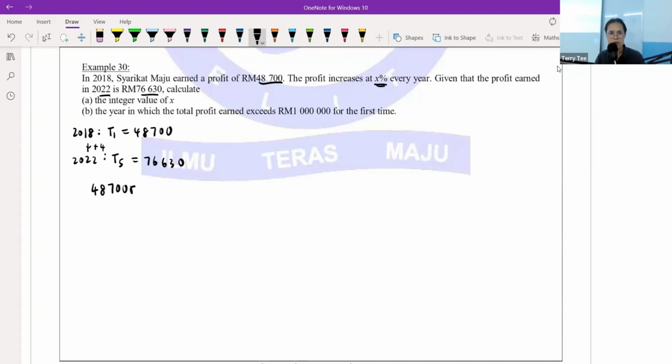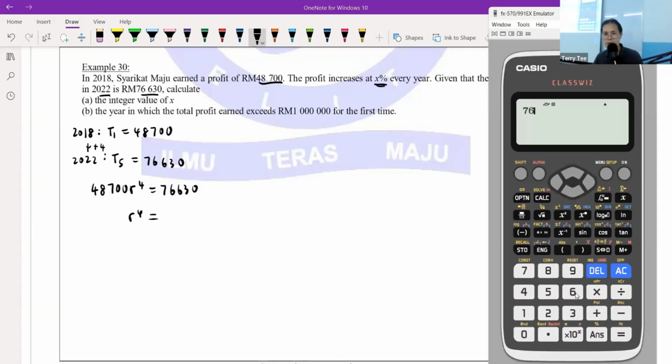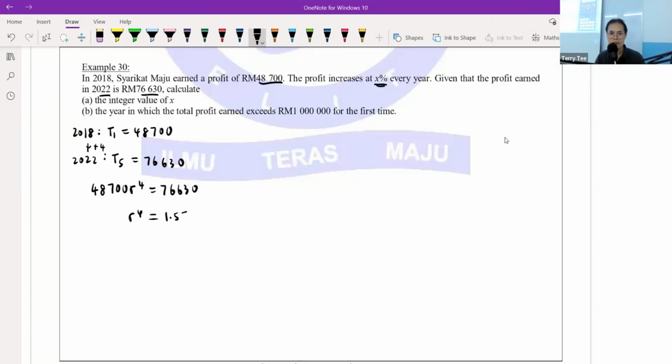So now we start off with your 48700. Your common ratio, I don't know. The n is 5, 5 minus 1 is 4, so 76630 equals 48700 times R power 4. R power 4 is, use a calculator, 76630 divide 48700. We got a very weird number. You can change it to a fraction, or I'll take a decimal, 1.5735.